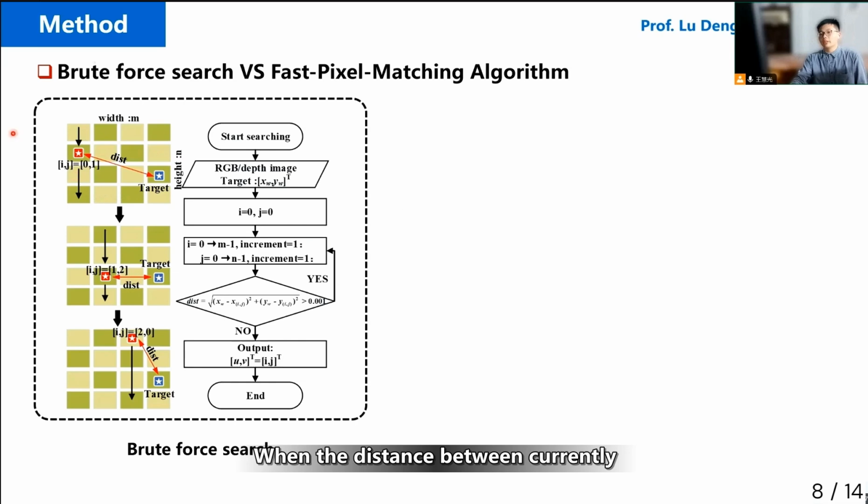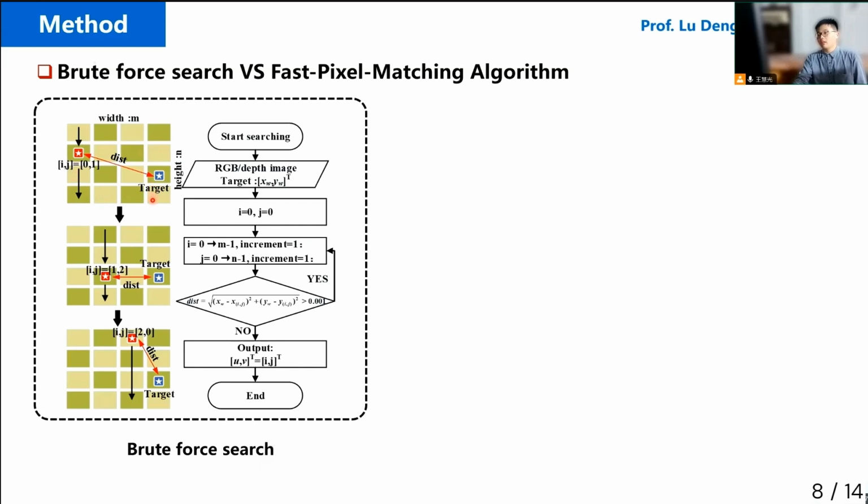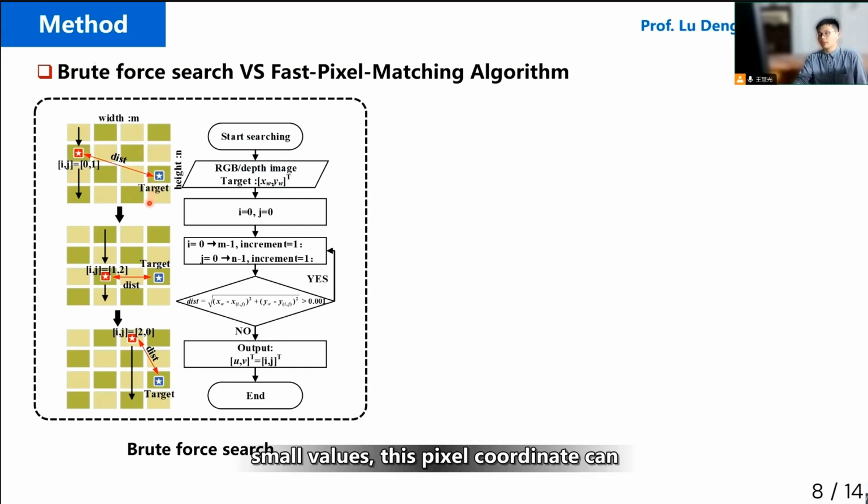When the distance between the currently searched pixel and the 2D welding coordinate is reduced to an extremely small value, this pixel coordinate can be considered the pixel coordinate corresponding to the 2D welding coordinate. Apparently, the efficiency of brute force search is extremely low.